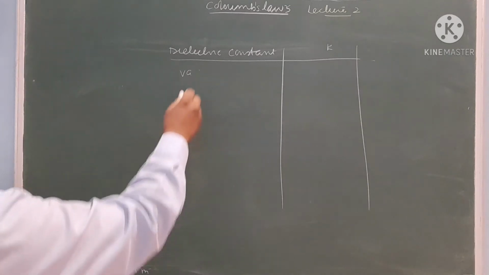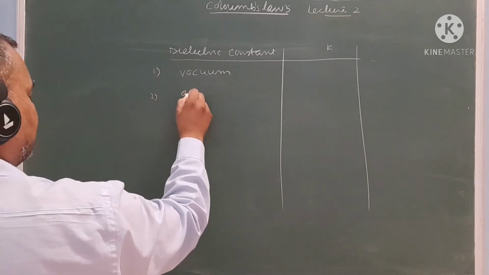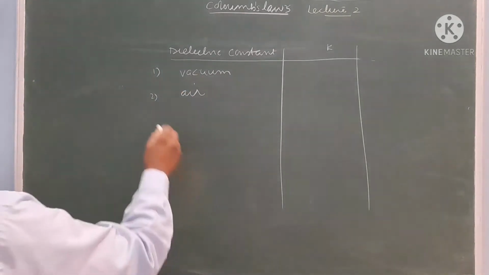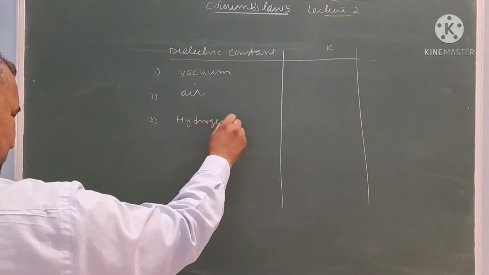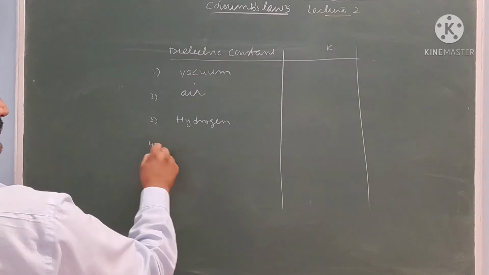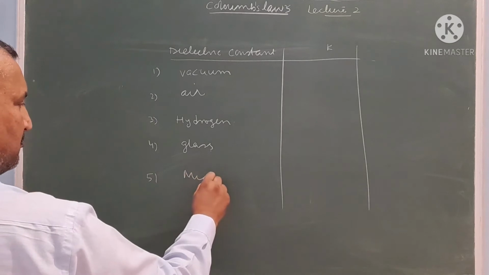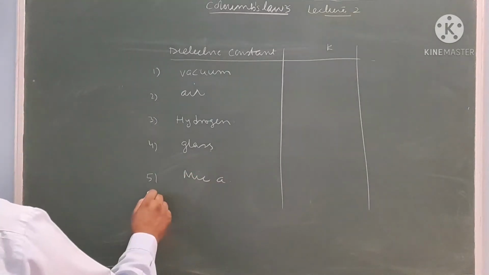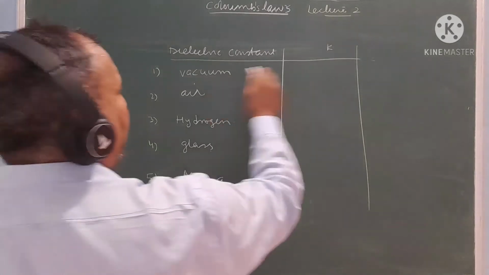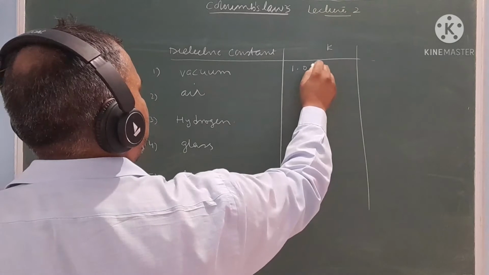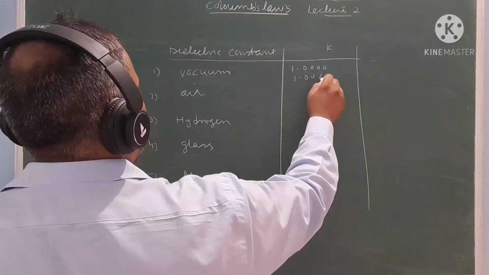Vacuum, air, hydrogen, glass, mica, water. Vacuum is 1.0000. Air becomes 1.006.